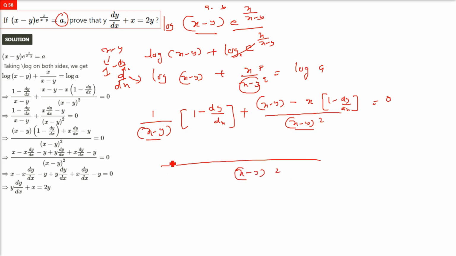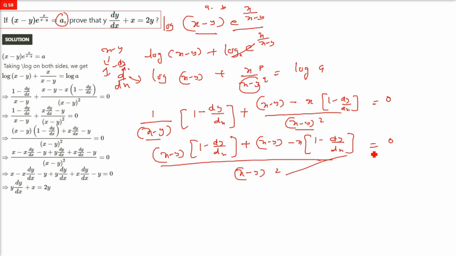Now let us take x minus y whole square as the denominator. Then x minus y will come for the first term, and there will be no x minus y term for the second part. So I'm taking the LCM now. When we multiply this x minus y whole square on the right, it is going to be 0.